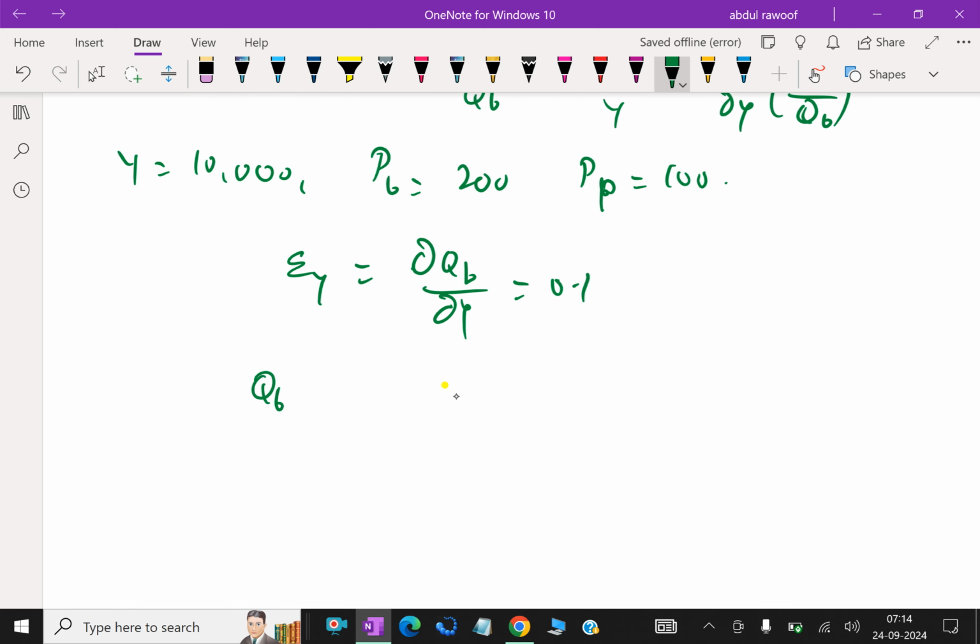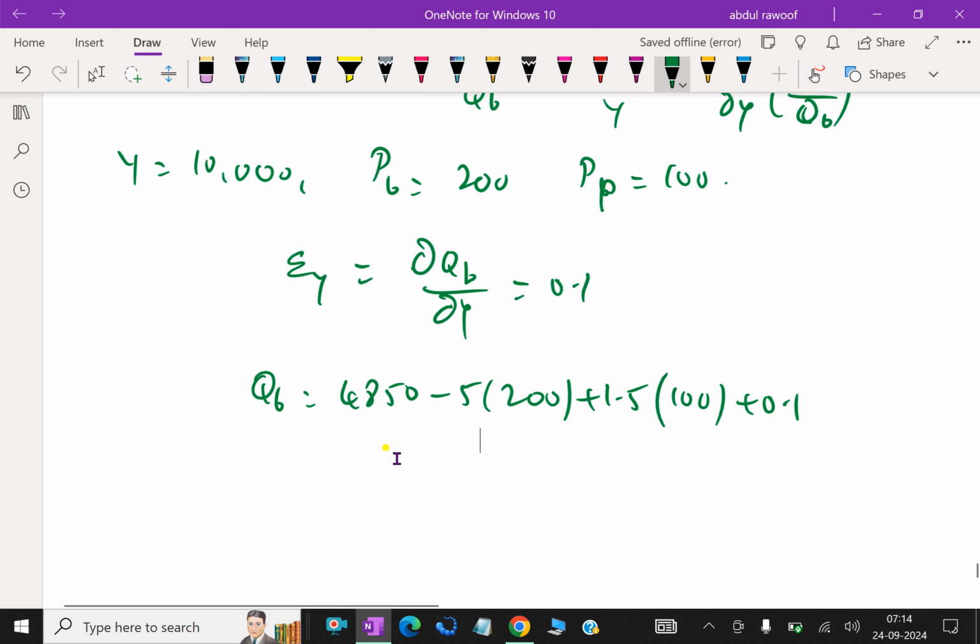Therefore, QB equals 4850 minus 5 into 200 plus 1.5 into 100, and 0.1 we are substituting for ∂QB by ∂Y, 0.1 into 10,000, which gives 5,000.